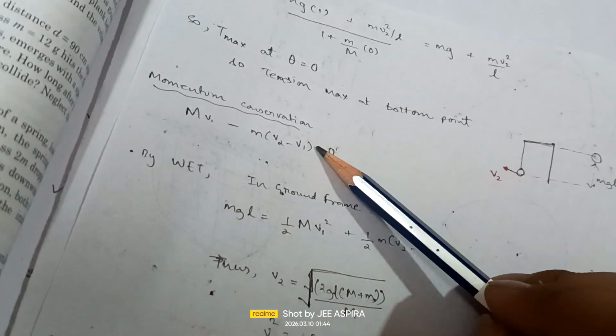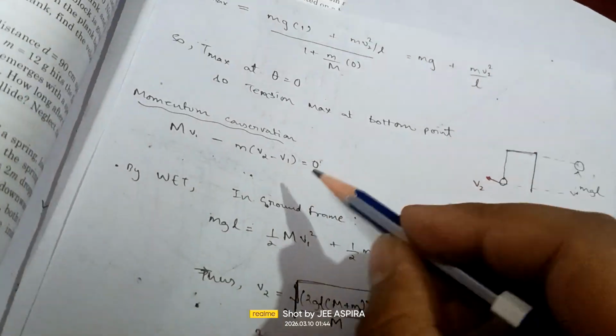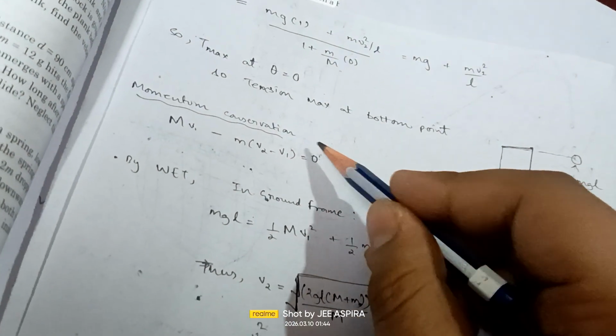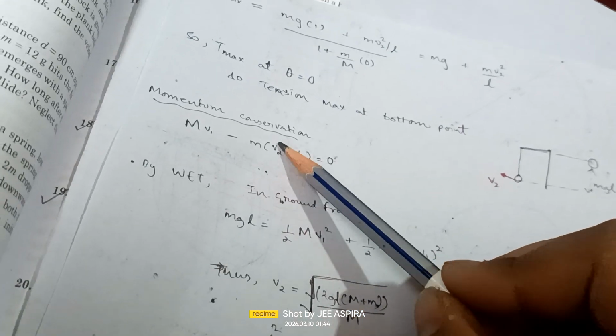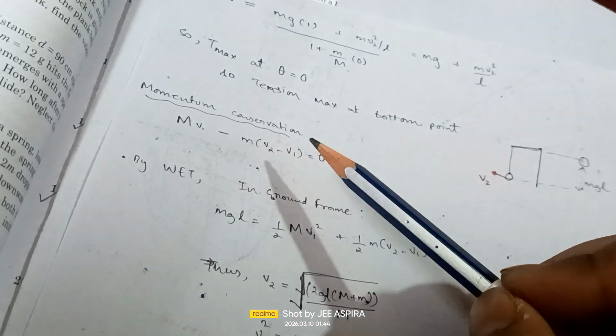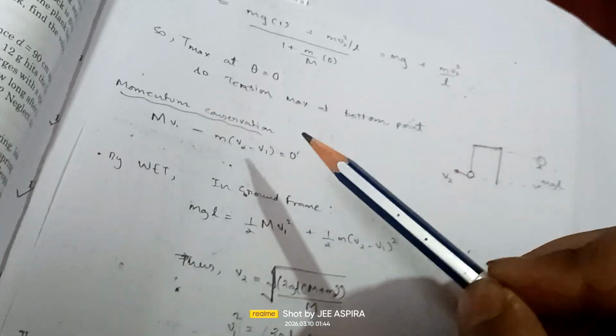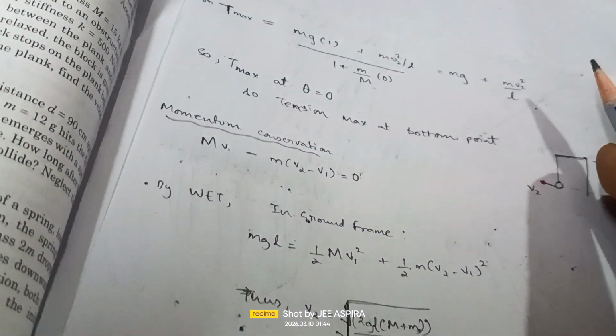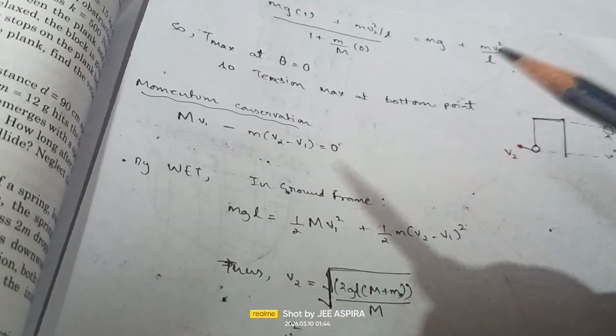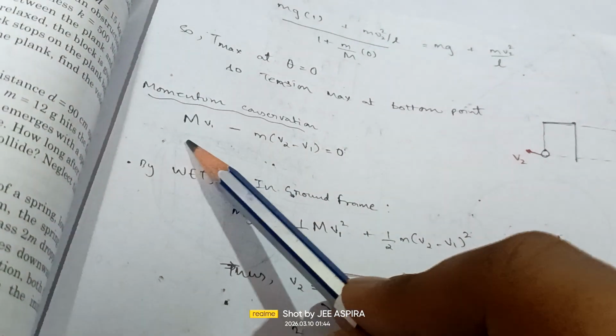By momentum conservation in the x direction, it is m v1 minus m into v2 minus v1 equals 0. As we need the maximum tension, which is at theta equal to 0, we wrote this part.